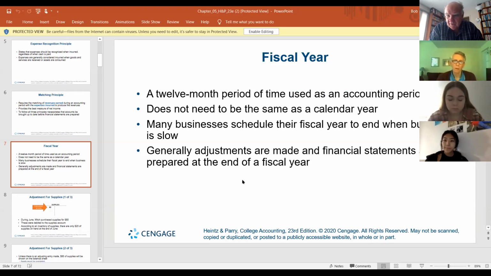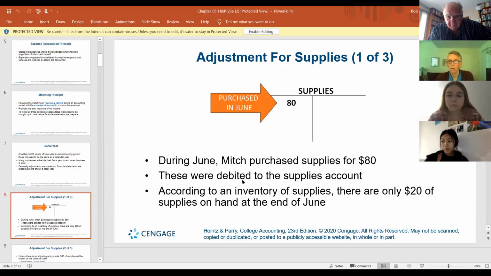For example, General Mills, which is a cereal company, their fiscal year begins, I believe, on May 31st, because that's when you plant, and it ends on April 30th. So they go through the harvest season. Stores like Nordstrom, their fiscal year may end at the end of February, because they like to scoop up those December sales, and January and February are a little less hectic.